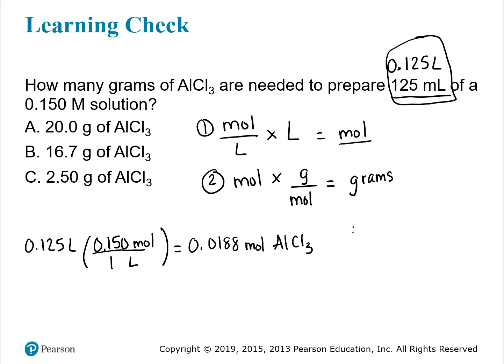Then you have to calculate the molar mass of aluminum chloride. So you look at the periodic table, you find aluminum, you find chlorine. The chlorine you need to multiply by 3. You add all that together. You should get something in the ballpark of 133 grams per mole.